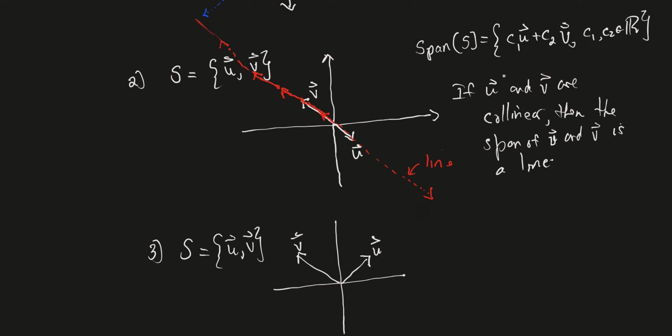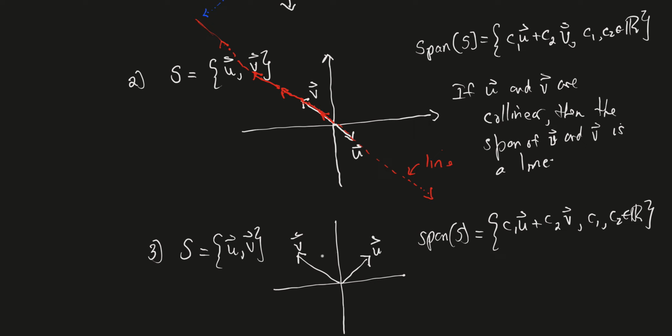Well, the span is the same thing. Algebraically, this would be exactly what I would write down. It's the same span. It's the same set that we would generate. Or let me say it this way, we would generate the span in the same way. But the results are going to be different. It's not going to be a line. In fact, if you think about it, you might be able to see what's going to happen.